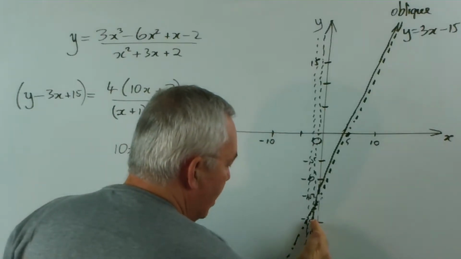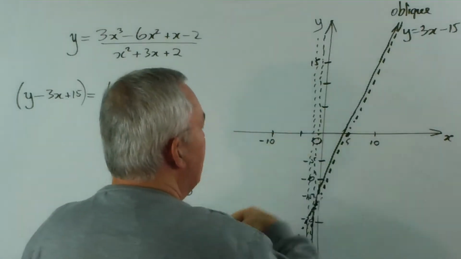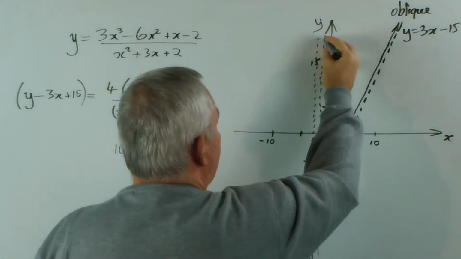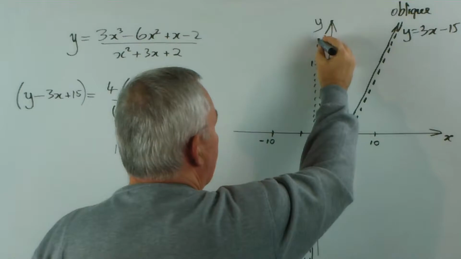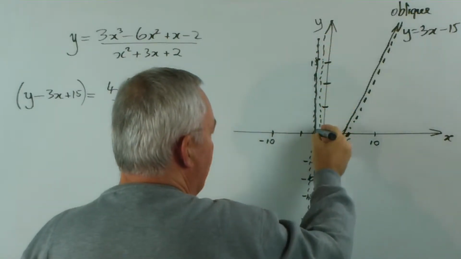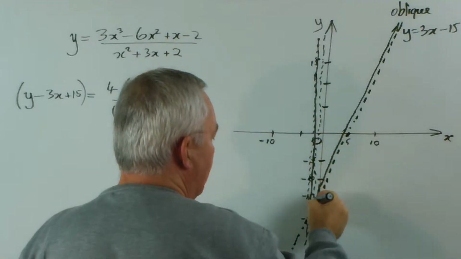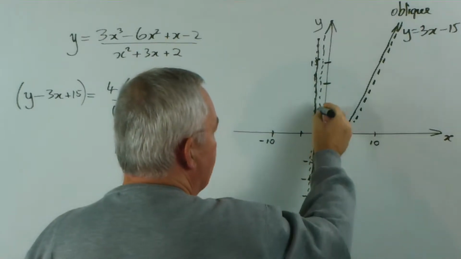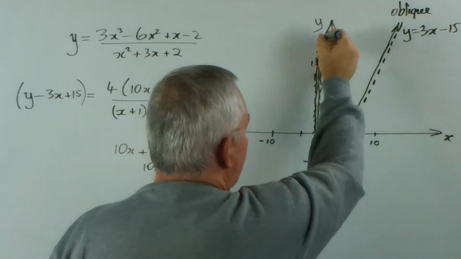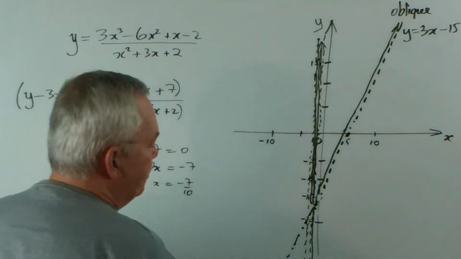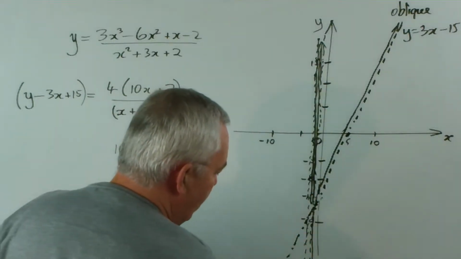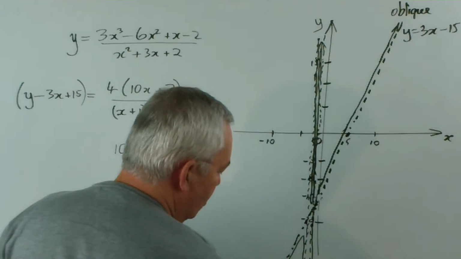Because it's asymptotic down here, we go diagonally across and we have a portion of the graph in here. This is terrible for you, but just imagine it comes down that asymptote, does a bit of a loop and heads up the other one. So we've got this long, thin part, and then diagonally across there we have another portion.